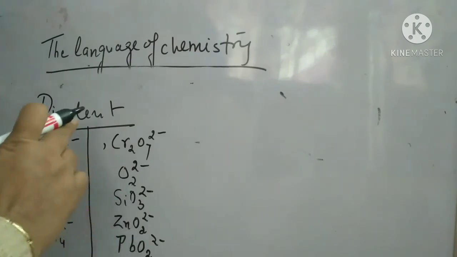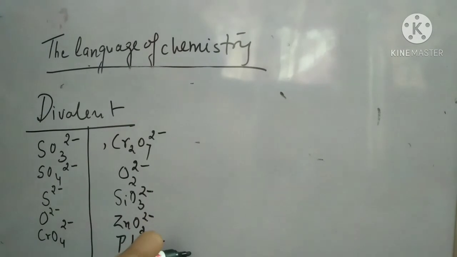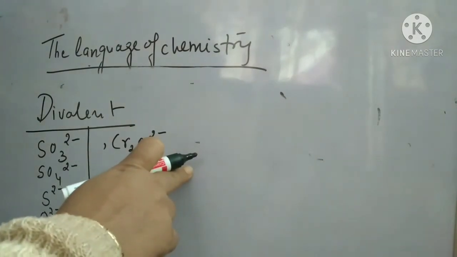So all these are the radicals that are containing 2 valency.